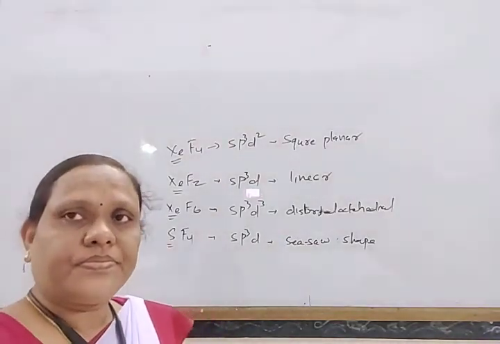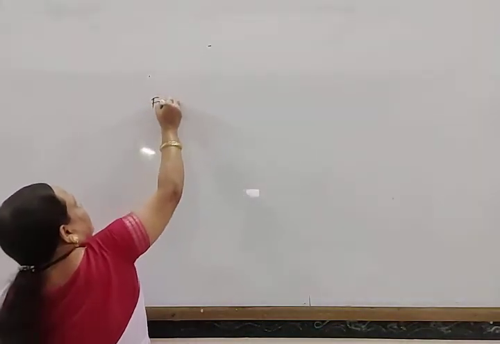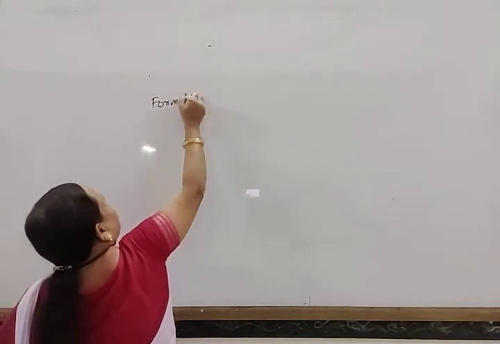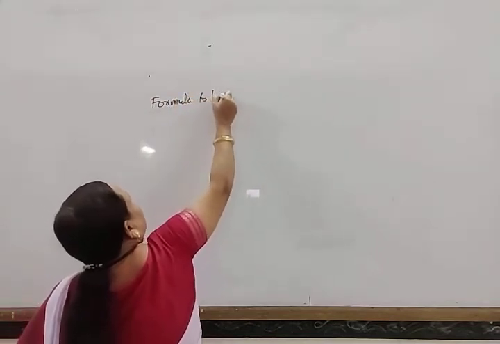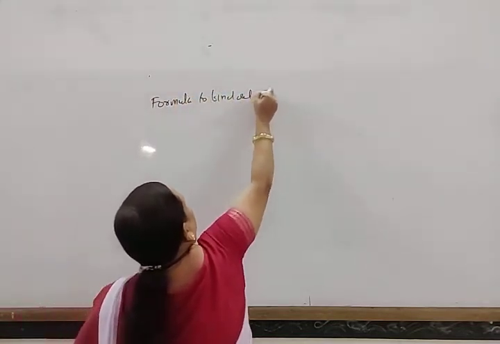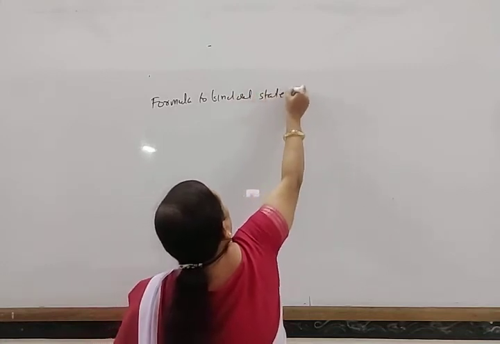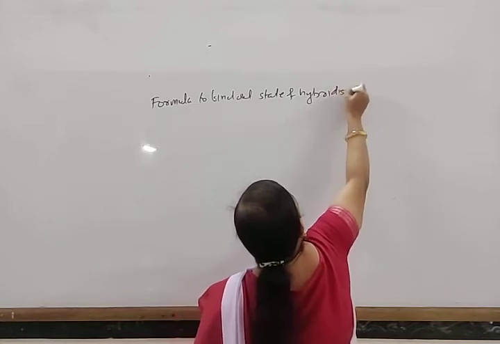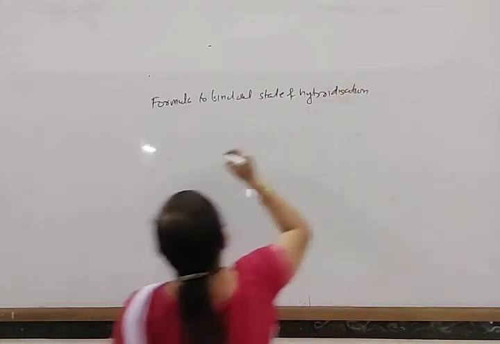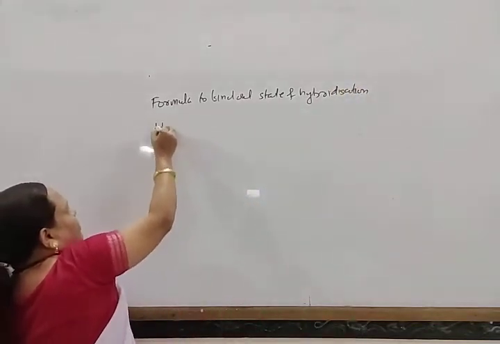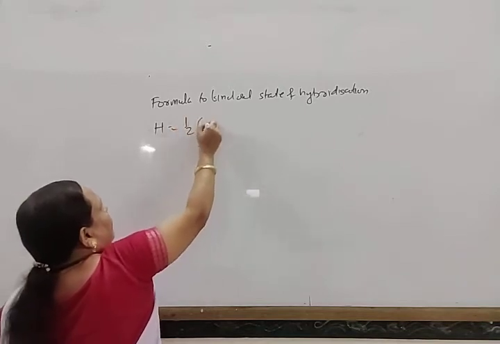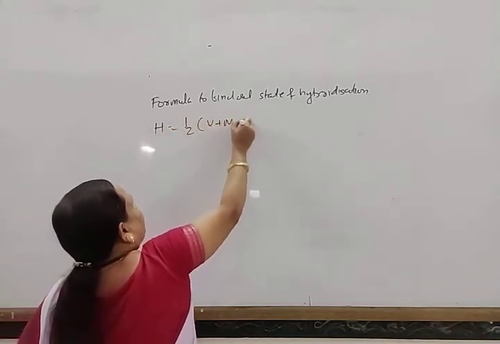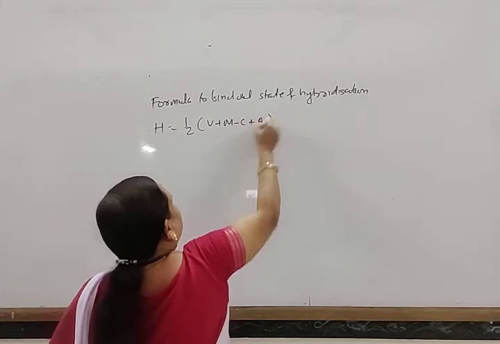Okay. It's H equal to half V plus M minus C plus A.